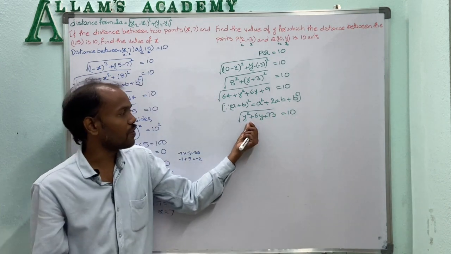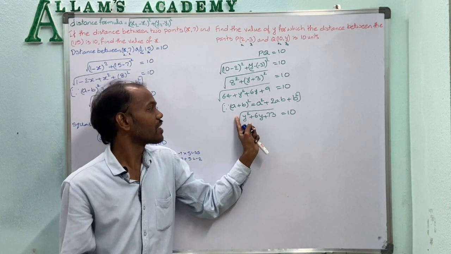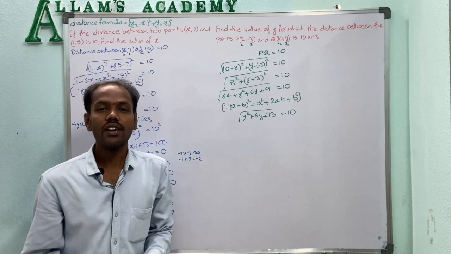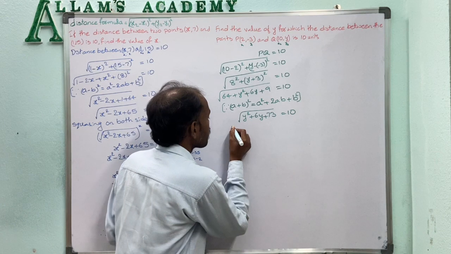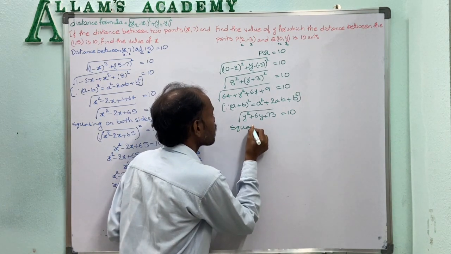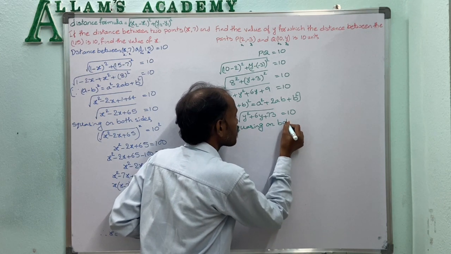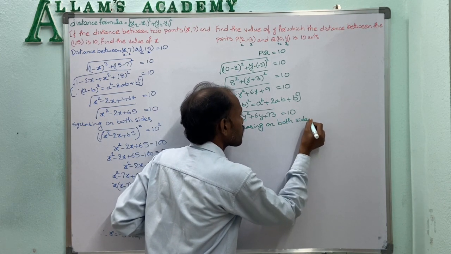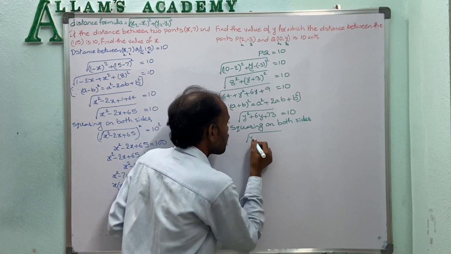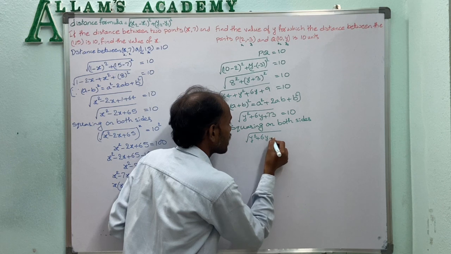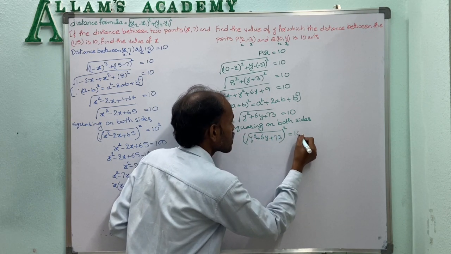Now here too we want to find the y value. For finding the y value, this root needs to be cancelled. For that, we have to square on both sides. Then (the square root of y square plus 6y plus 73) whole square is equal to 10 square.